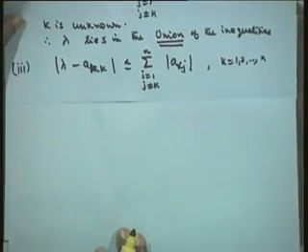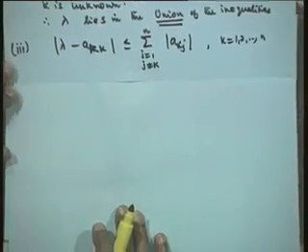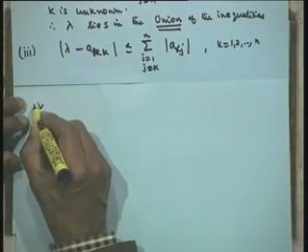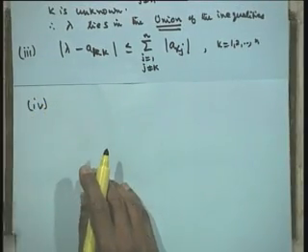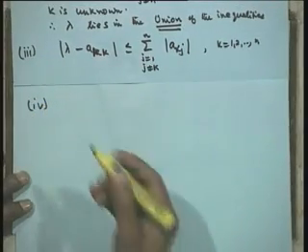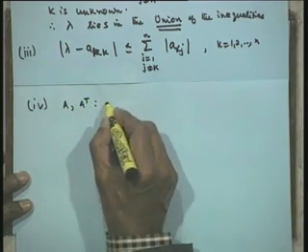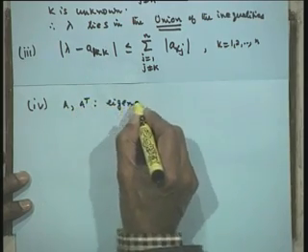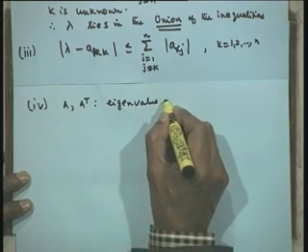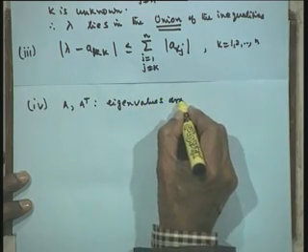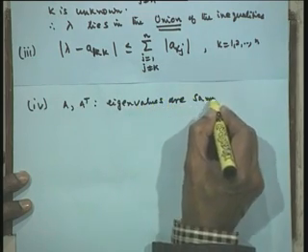Now, this we will take as the third bound that we have done. Now, we know that the eigenvalues of A and A transpose are the same. So if I take A and A transpose, for both of them the eigenvalues are same.